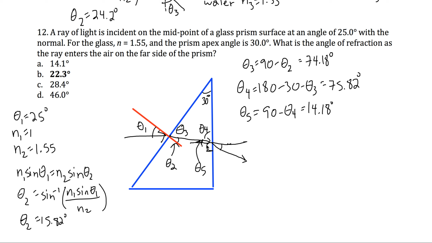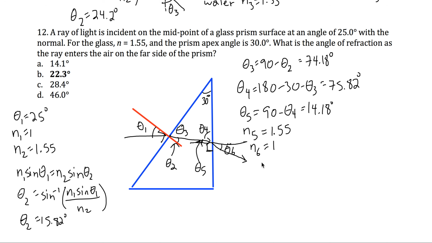I'll call the index where theta 5 is N5. So we're in glass, so I'm just redefining my glass index as N5. And we're going into air, which I'll call N6, and I'll call the angle of refraction theta 6. So N6 is going to be air, it's going to be 1.